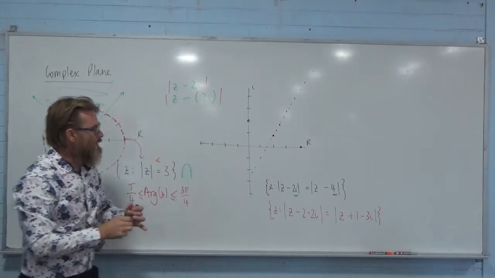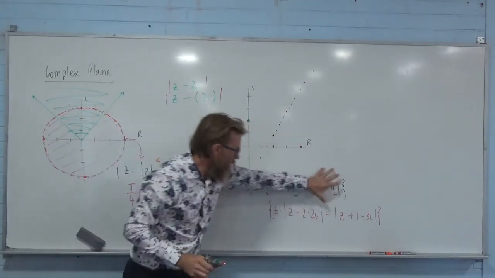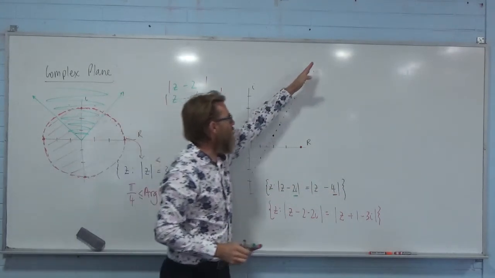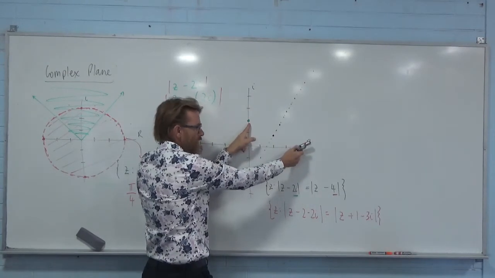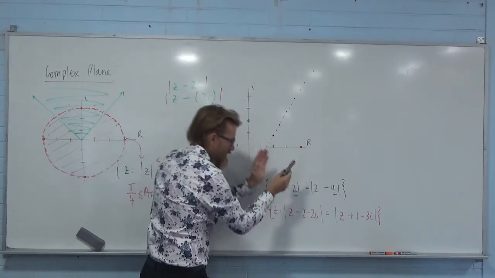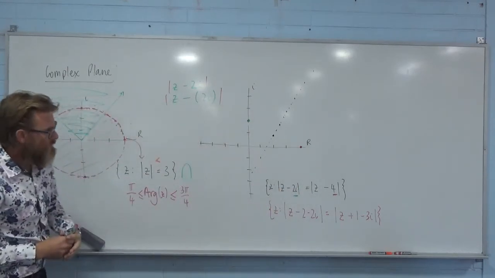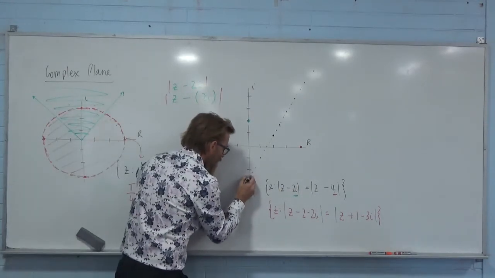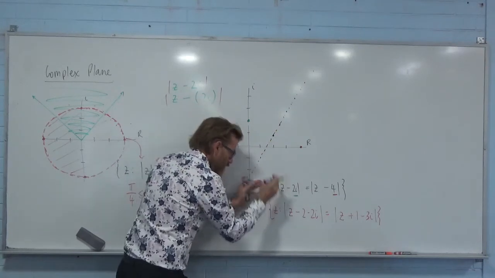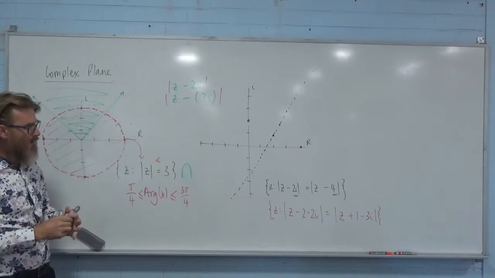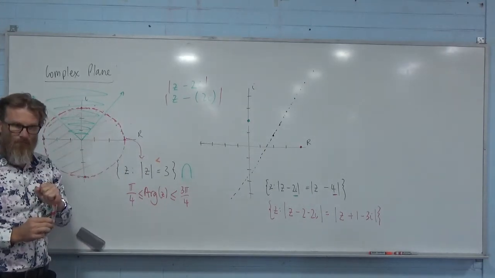Exactly. So this format is going to say there is a line of points that fall between these two points that will satisfy that equation. So any point on this line will be one of the complex numbers z that fit that equation.